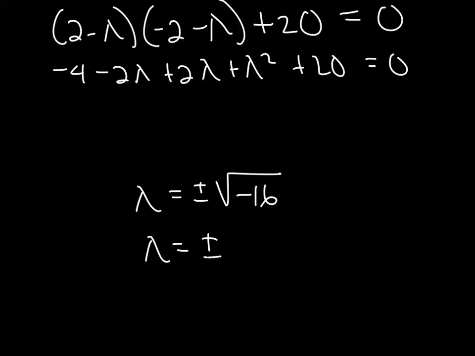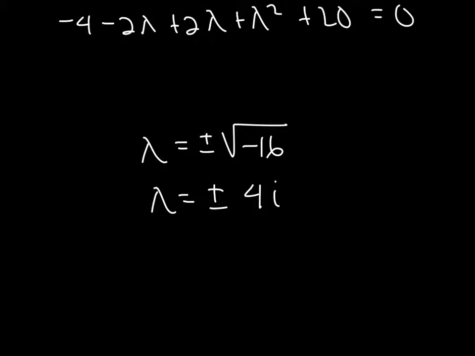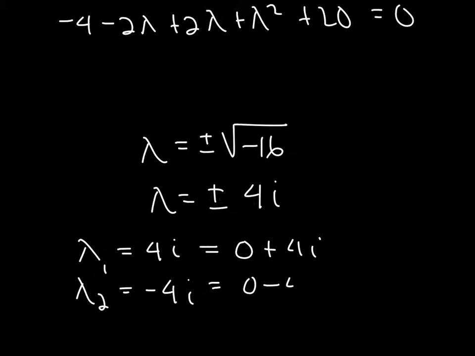We know this is really 4i and -4i, because remember, complex numbers come in conjugate pairs. Let's call lambda 1 4i and lambda 2 negative 4i. If you want to call lambda 1 negative 4i, that's fine. And remember, this is really 0 plus 4i, 0 minus 4i, in our complex a plus bi form.